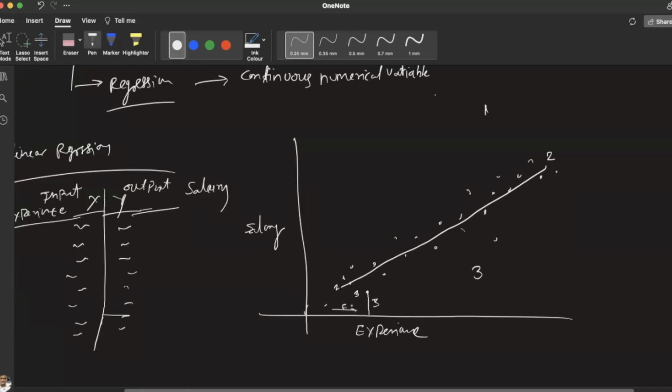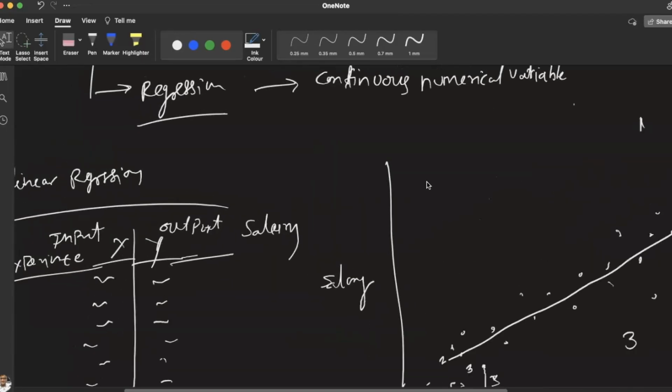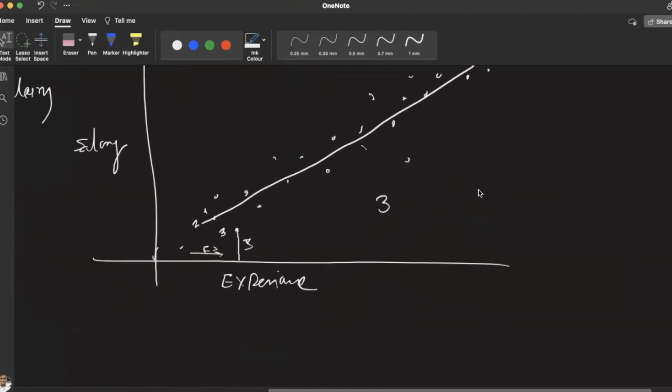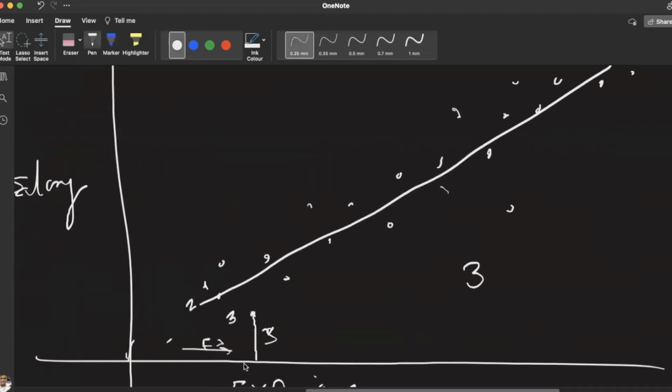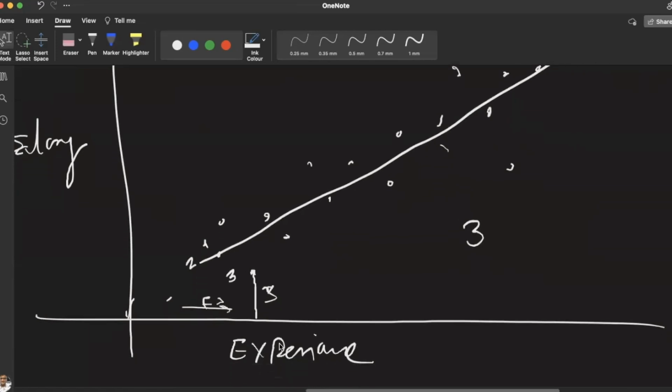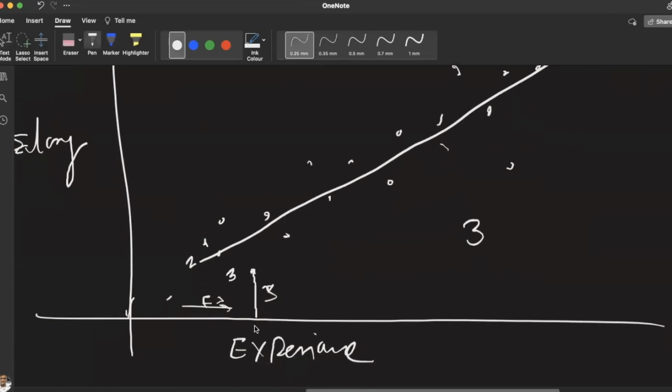Okay. Now, if I predict the same thing by the line that I have built, what will happen? This line will not predict the same thing. This line will always predict on the line. For example, you have created this machine learning model, right? And then you are predicting the value on this x.